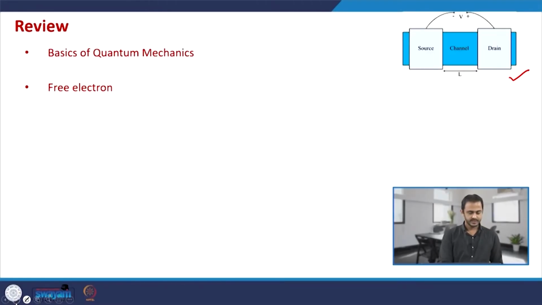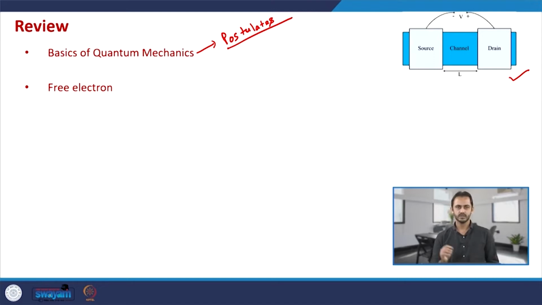In nanoscale devices, when the channel region is a few nanometers in length, the electron's nature is no longer that of a classical particle. Electrons behave as quantum particles, and that is why we started our discussion with the basics of quantum mechanics. We discussed the basic postulates, and as you might recall, some of them are fundamentally different from classical mechanics.